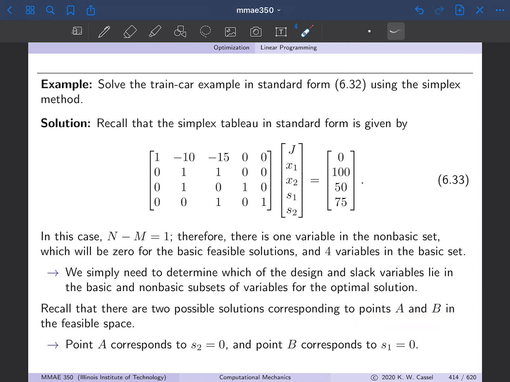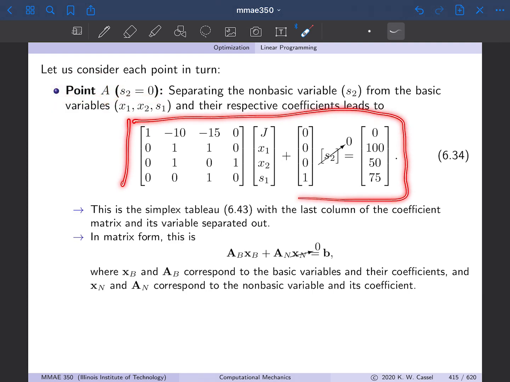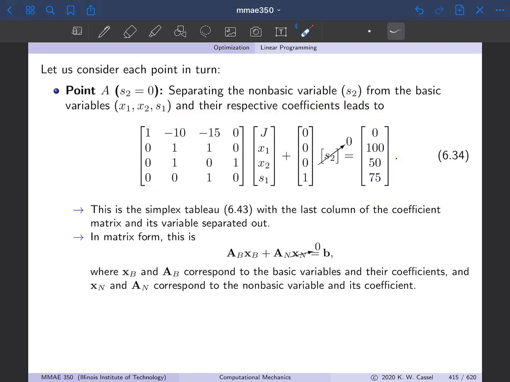So let's just walk through each of those 2 and show how the simplex tableau is going to work out. So point A corresponds to, if you look back, where S2 is equal to 0, and point B corresponds to when S1 is equal to 0. So if we look at point A, where S2 is equal to 0, what we can do is take our simplex tableau, the matrix form, and extract out the variable that is 0.